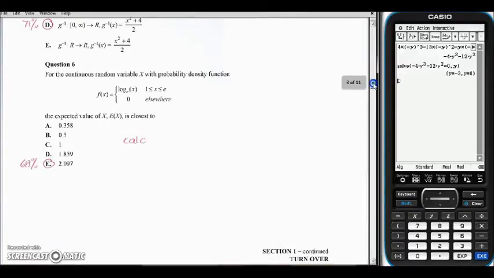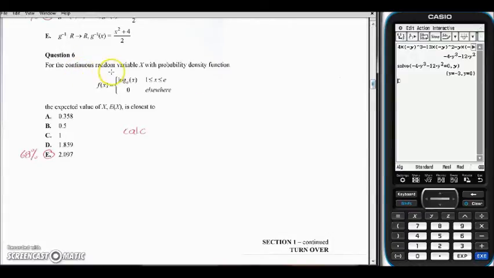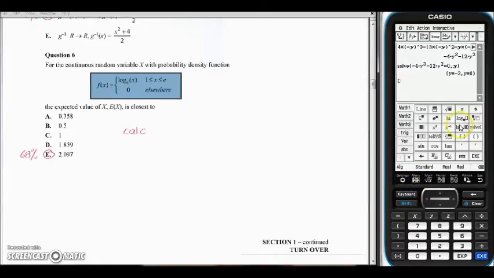Okay, so moving on, we have a continuous random variable with PDF log of x from 1 to e. We want to know the expected value. If you know your expected value formula, you'll go straight onto your calculator, get up an integral sign, and integrate from 1 to e, and then instead of a log of x, it will be x times log.